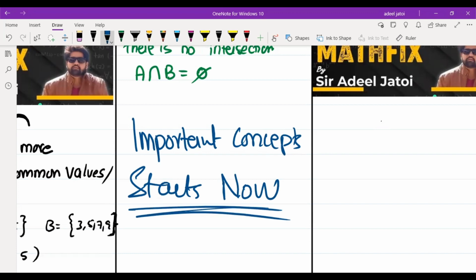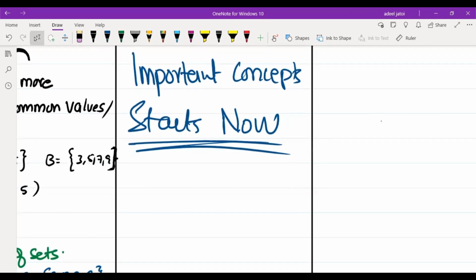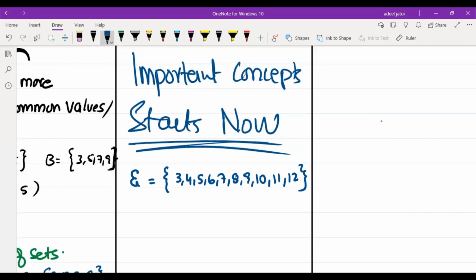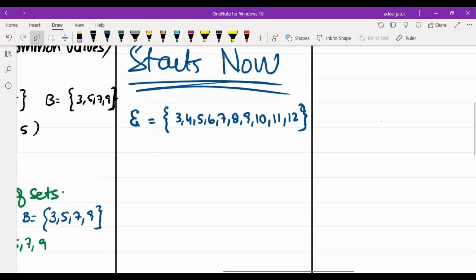As I said, your universal set is the main set, and let's say it is 3, 4, 5, 6, 7, 8, 9, 10, 11, and 12.